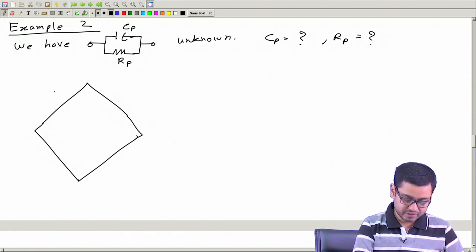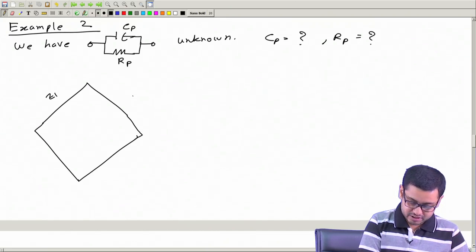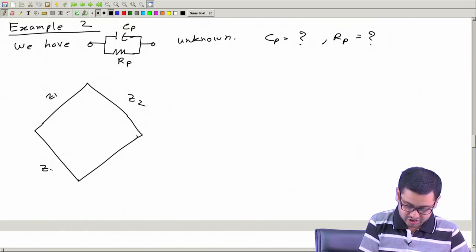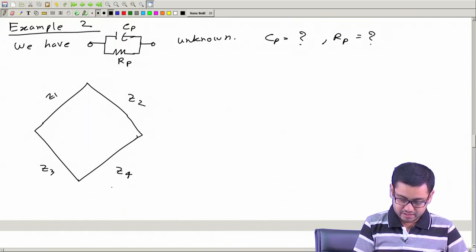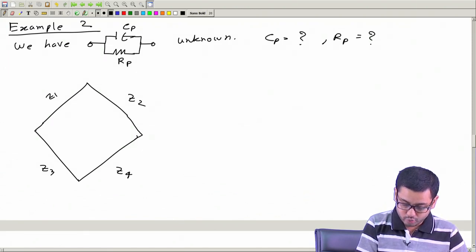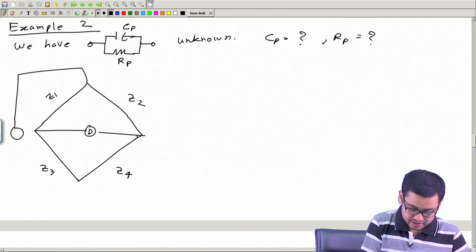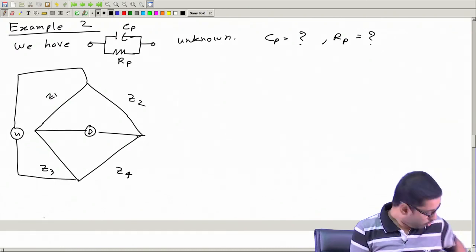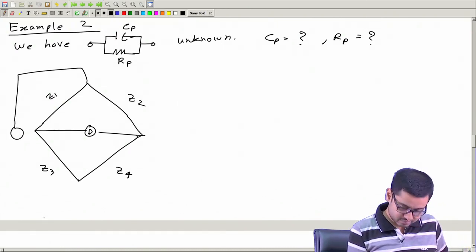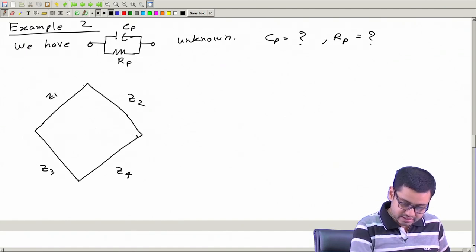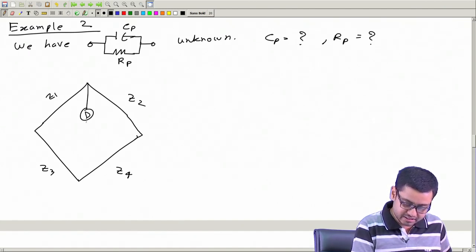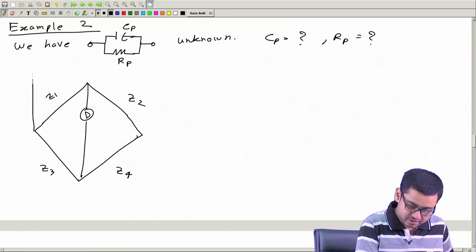I can have Z1, Z2, Z3, Z4. The balance condition Z1 by Z2 equal to Z3 by Z4 is true no matter whether the detector is here and the source is here, or the detector is here and the source is here.